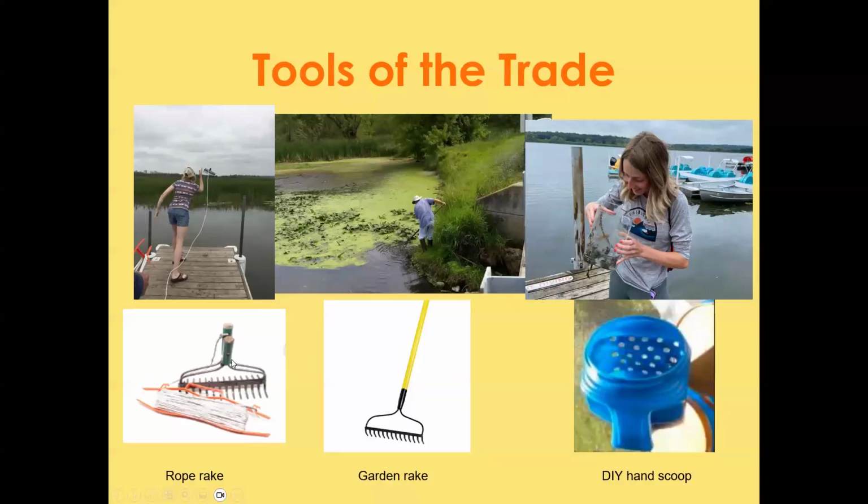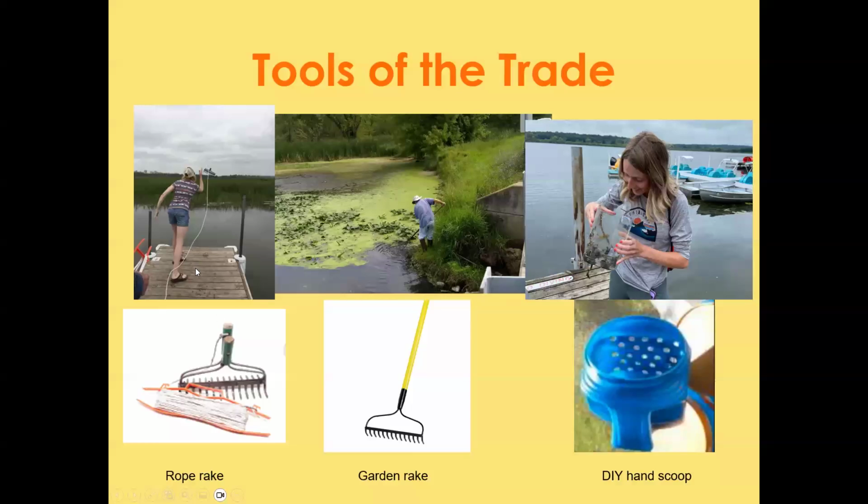So the first one your site leader is going to supply to you and will have you using, it's called a rope rake, and it's exactly what it sounds like. It's two rake heads. We cut the handle off and we either weld them together or use a bunch of zip ties to keep them together. And then that's attached to about 35 to 40 feet of rope.